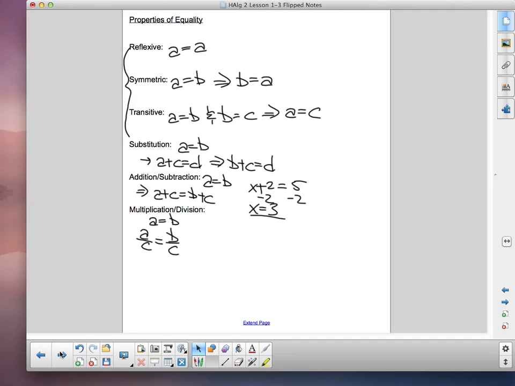Okay, reflexive, same thing on both sides. Symmetric, that's to switch what's on each side of the equal sign. Transitive has that middle guy. If two things are equal to the same thing, we can drop that middle guy out. Substitution. If two things are equal, we can plug either one of them in any situation. And then addition slash subtraction, multiplication slash division, that's just how we solve our equations. It's how we move things from side to side in order to isolate a variable or a number.